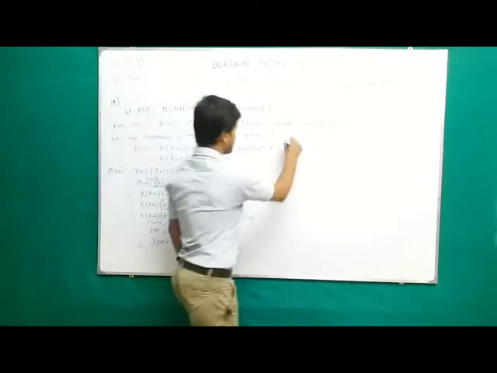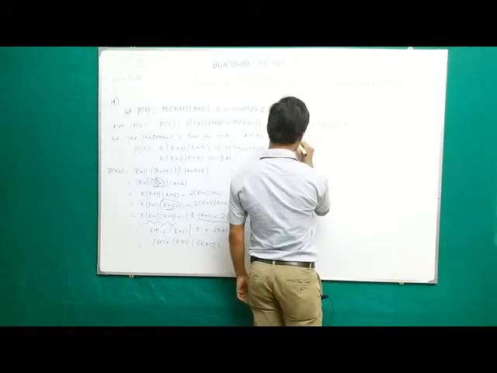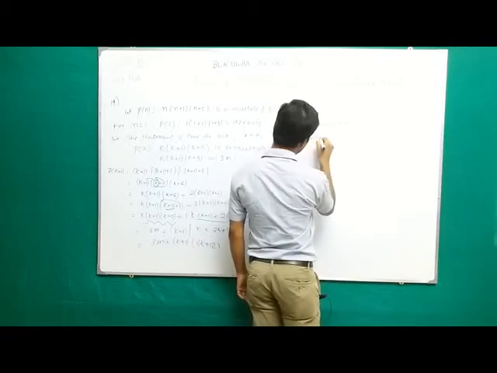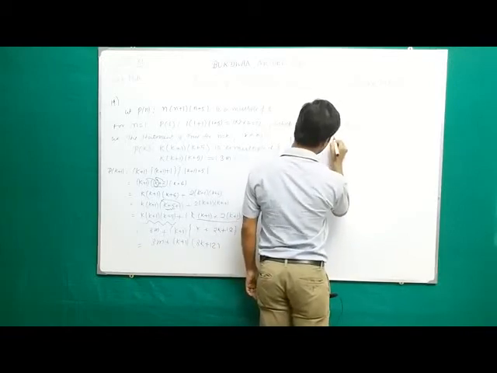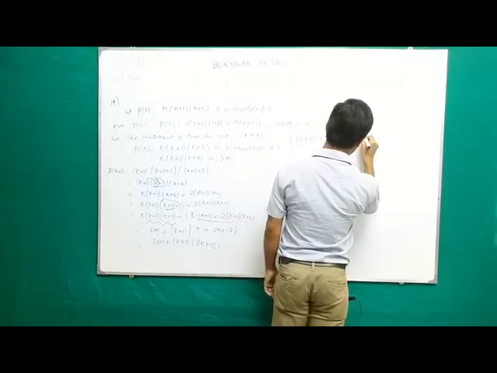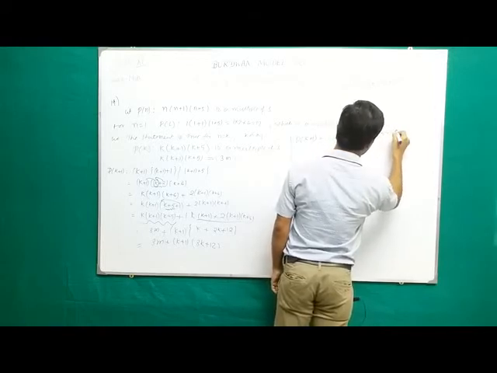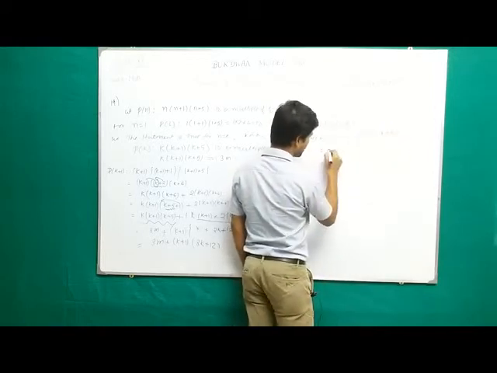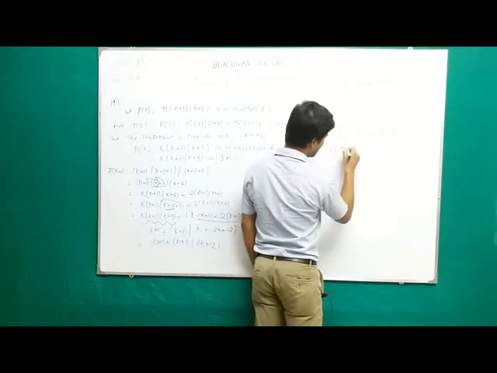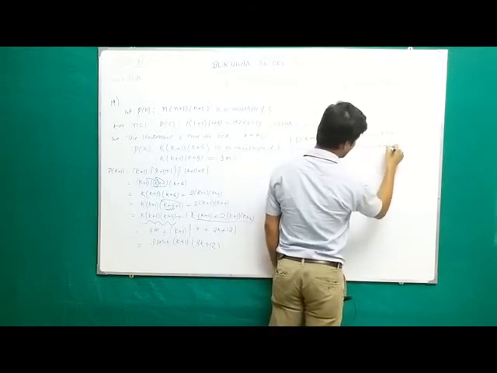Now we can take 3 common from this expression. So p of k plus 1 can be written in the form 3m plus, if I take 3 common, k plus 1 into k plus 4. That means if I take 3 common, it is 3 into m plus k plus 1 into k plus 4.